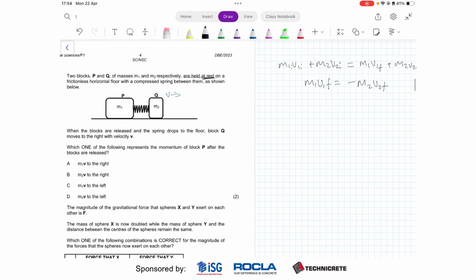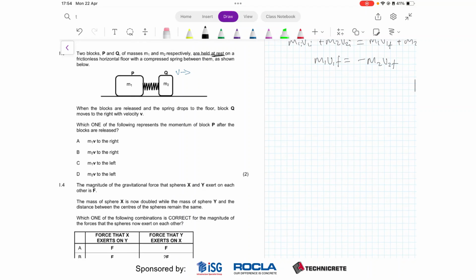Now, this question is asking which one of the following represents the momentum of block P after the blocks are released.